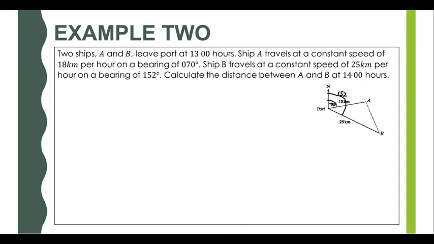But the angle that we're interested in is the angle inside our triangle. We can find that angle by finding the difference between the two bearings. So if we do 152 take away 70, we get 82 degrees. So that angle is 82 degrees.